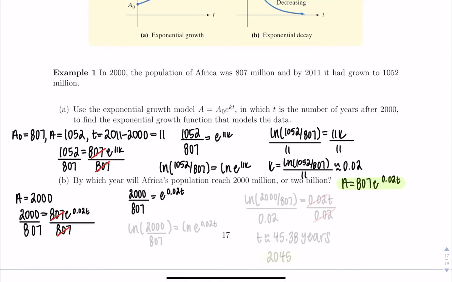Then we take the ln of both sides. Again, the ln and the e essentially cancel. And we end up with ln of 2,000 divided by 807 equals 0.02t. Then we divide both sides by 0.02.